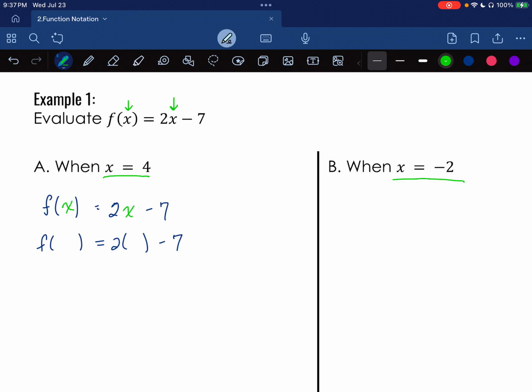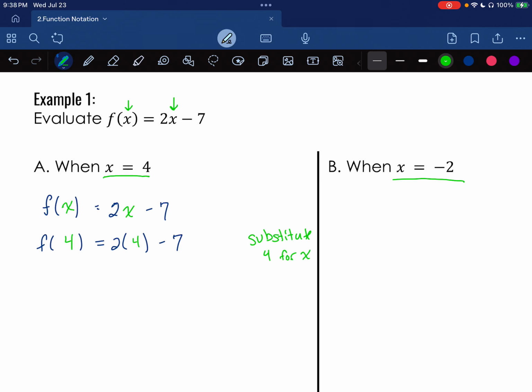So this is going to look like f of 4 is equal to 2 times 4 minus 7. Notice how I did put parentheses there when I inserted the 4 in place of x, because the 2 and the x were being multiplied. What we did here was a substitution. We substitute 4 for x.